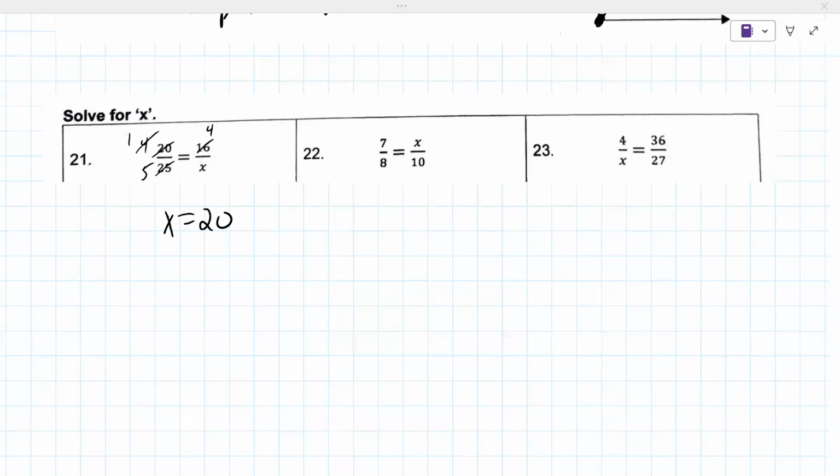Then 10 can go around 30. 4 can go around. So 32. So it would be what?